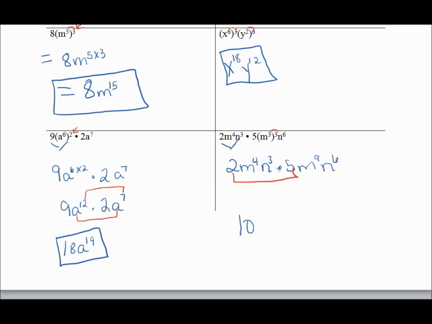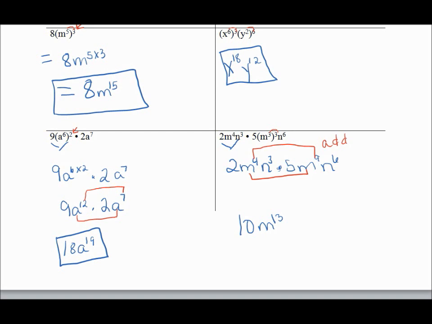And then what else do I have alike? I have the m terms. I have m to the fourth times m to the ninth. The rule here says to add your exponents. Remember, this is actually rule number one, okay? So this will give me m to the 13th power.